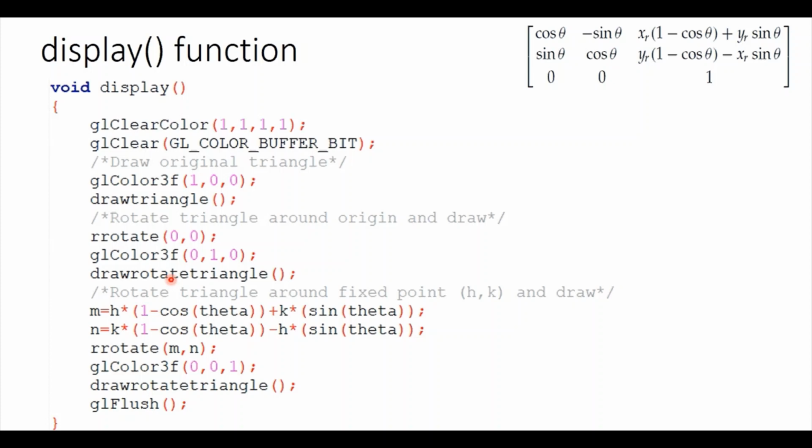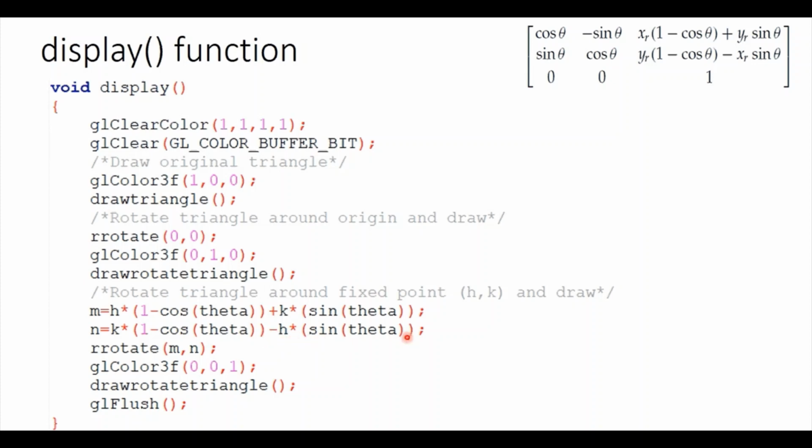After that, I have taken two parameters called h and k. H and k are my user input, that is the fixed point around which the rotation has to be performed, and then I'm calculating my m and n parameters. So xr is taken as h and yr is taken as k. If you see, m is h into 1 minus cos theta plus k into sin theta, and n will be k into 1 minus cos theta minus h into sin theta.